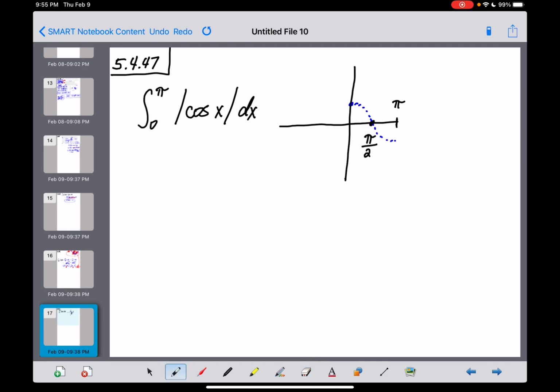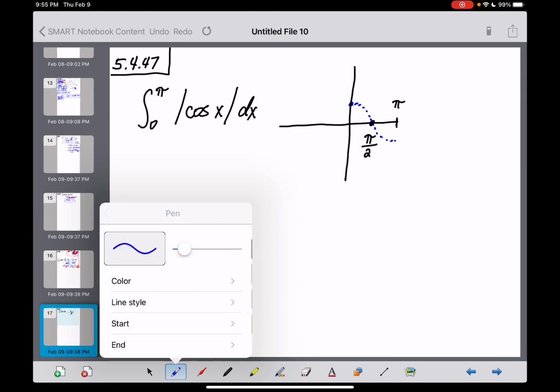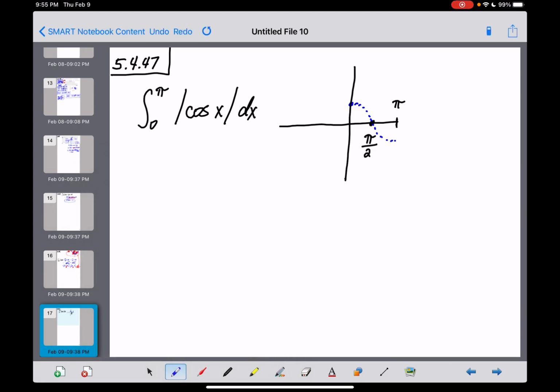This is the graph of cosine of x without the absolute value. So now, how do I graph it with the absolute value? Easy. Everywhere that this function was already positive, the absolute value has no impact. And that occurs right here in the first quadrant. All of these y values were already positive.